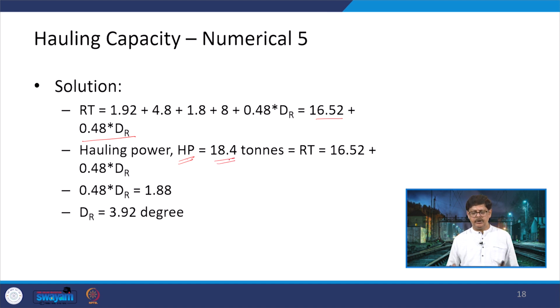If we correlate these two, the 18.4 tons and the resistance being offered here, then Dr comes out to be 3.92 degrees. So, roughly it is a 4-degree curve.